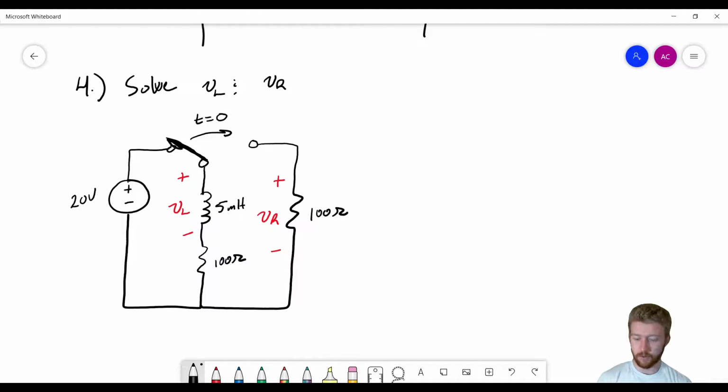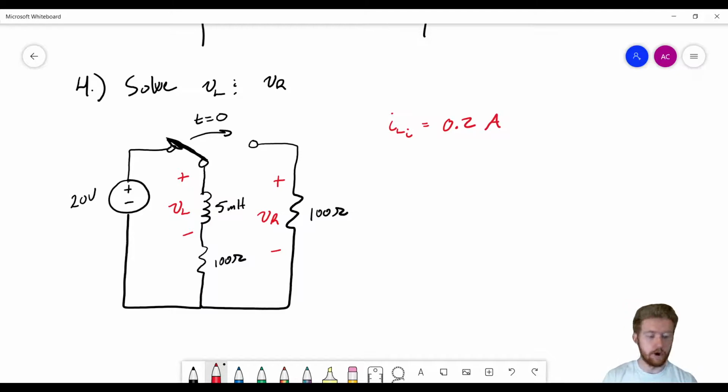That's just going to be 20 volts divided by 100 ohms. So I'm going to write IL initial, because we're talking about the current through the inductor, is initially 0.2 amps. Okay?